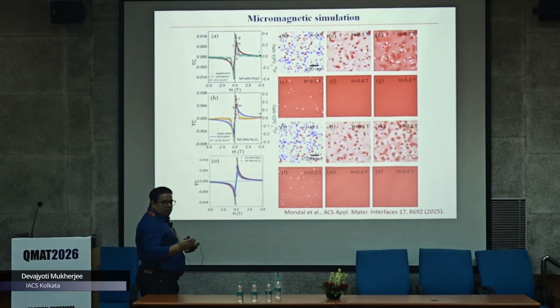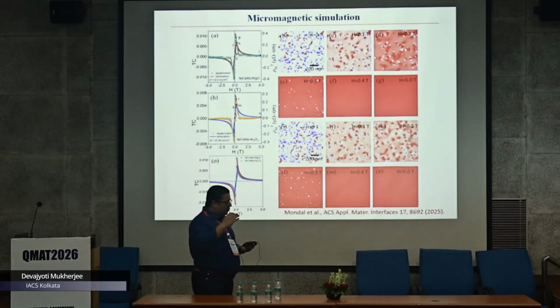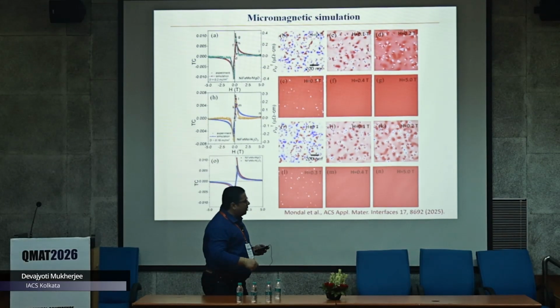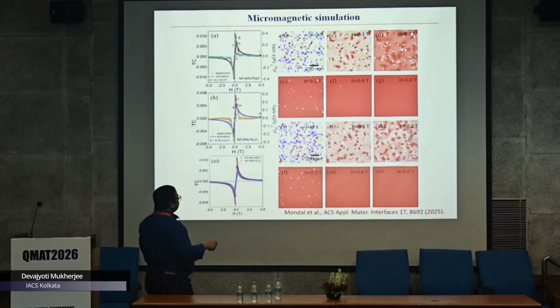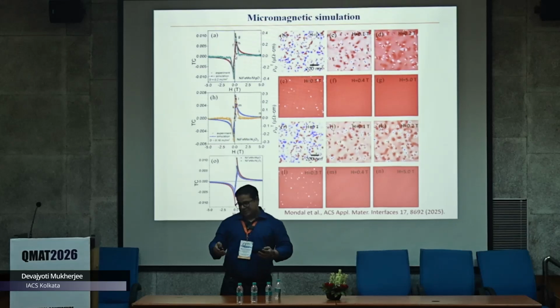We input our experimental data, and we varied the Dzyaloshinskii-Moriya interaction, which is the main interaction which drives these things. And we got a good match with our topological Hall data. And we can also see that under these circumstances, there will be stable skyrmions generated in these systems.